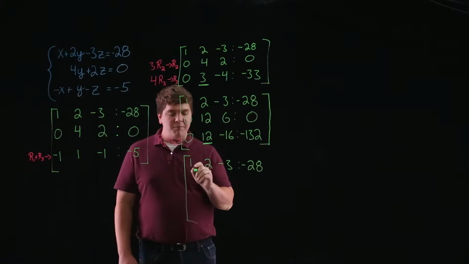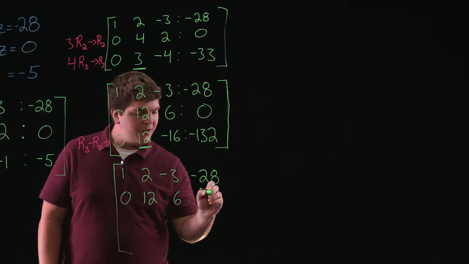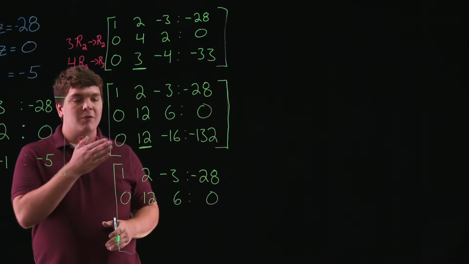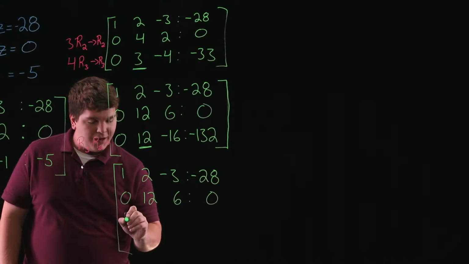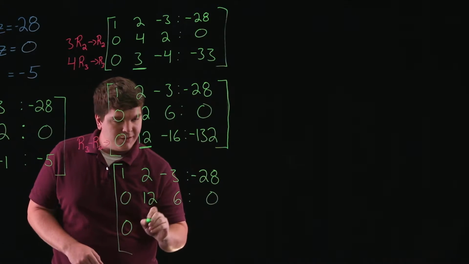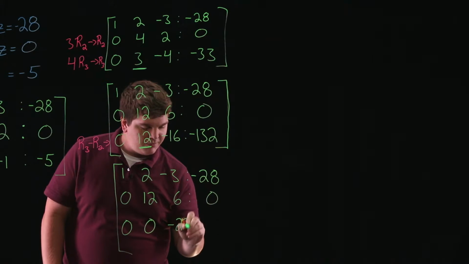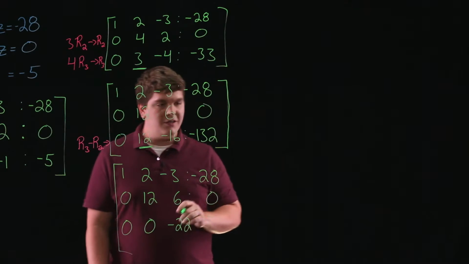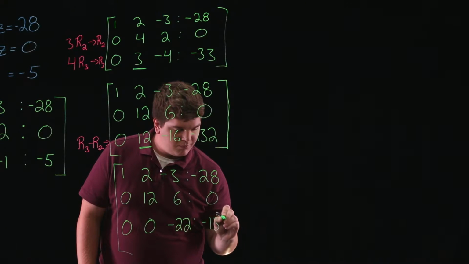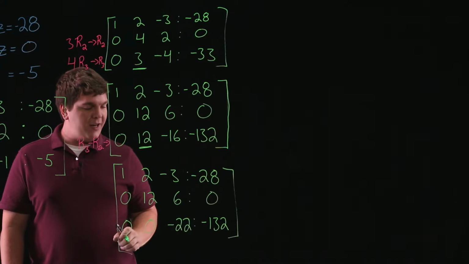Our second row remains the same, so it's still 0, 12, 6, 0. And since we're subtracting the second row from the third row, we have 0, 12 minus 12 is 0, -16 minus 6 is -22, and -132 minus 0 is -132. So our third row becomes 0, 0, -22, -132.